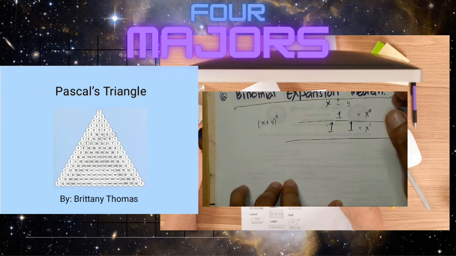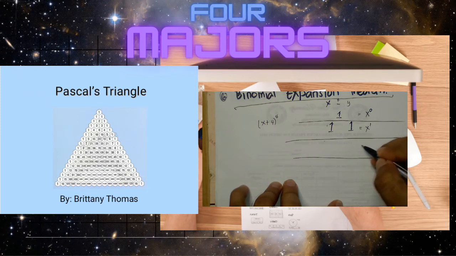But if the exponent is higher, so this is x to the 1, this is x to the 2. A binomial raised to the power of 1 will always be a binomial, so its terms do not increase.